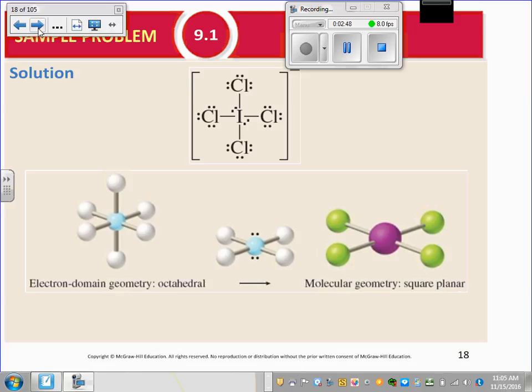So really what you need to do is look, there's a table in your book that tells you if you have, for example, octahedral, 6 electron domains, if they all have atoms attached, no lone pairs, it's octahedral. If they have 1 lone pair, it then becomes square pyramidal. If they have 2 lone pairs, it becomes square planar. So you just have to basically count.